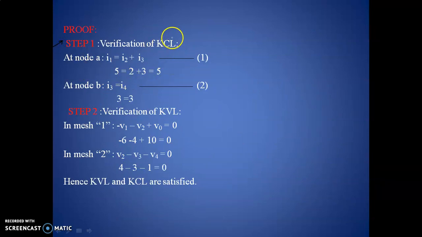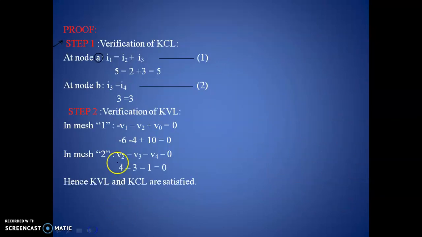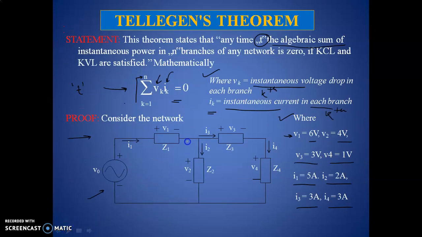Step number 1 is verification of KCL at node A. Where is node A? See this. I1 is equal to I2 plus I3. This is the incoming current I1, and these are the outgoing currents I2 and I3.